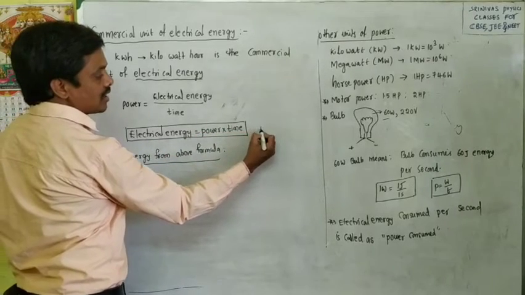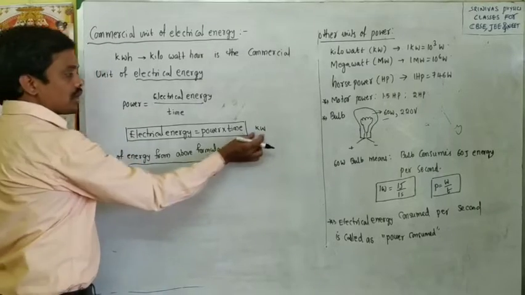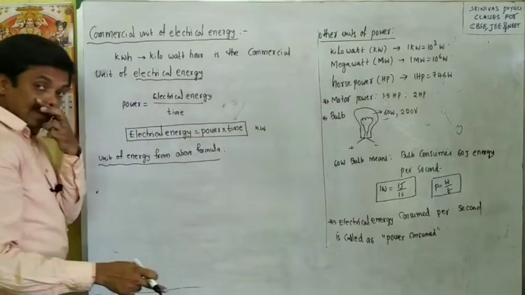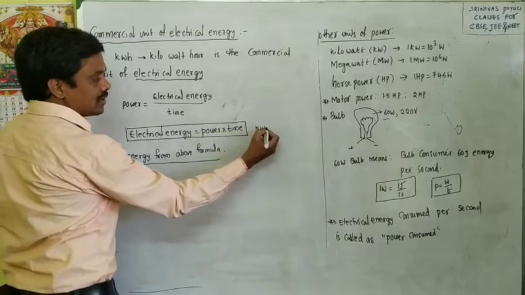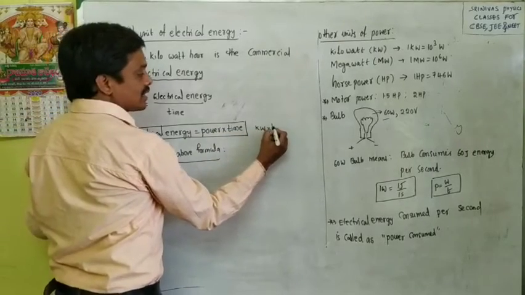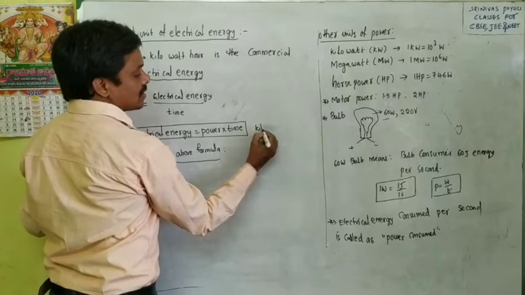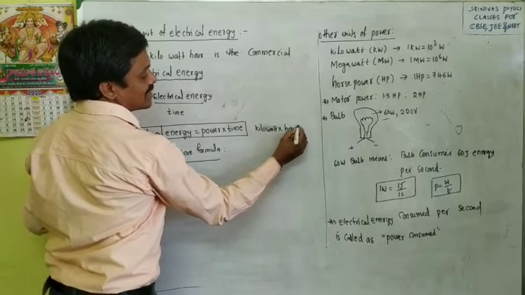Power we write in watt or kilowatt, megawatt also we can write. Power units are kilowatt, megawatt, horsepower, watt; there are several units. Power unit is kilowatt, into time unit we write second, minutes, hour. This is kilowatt into hour, right?